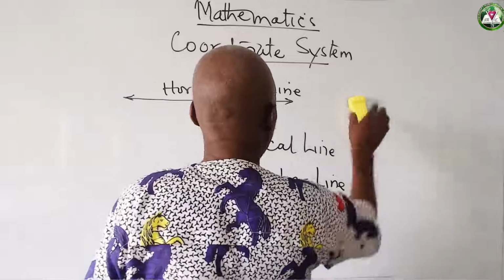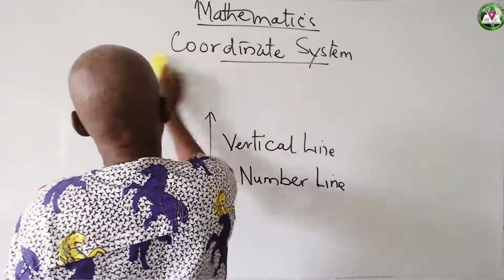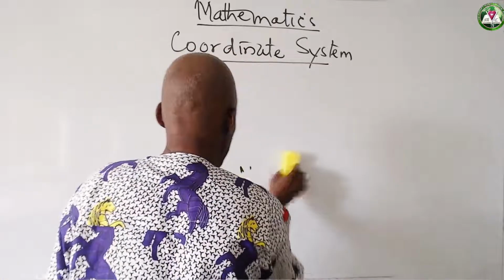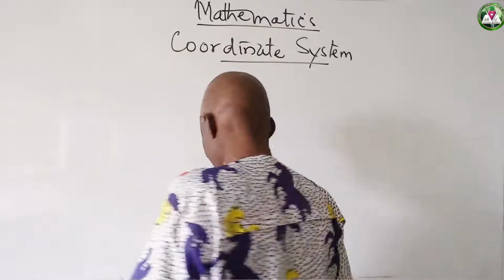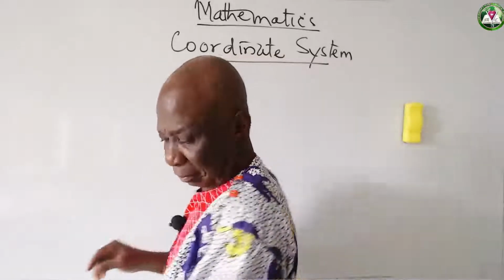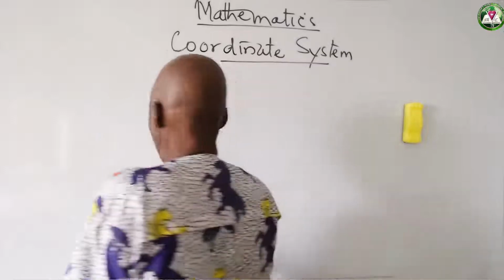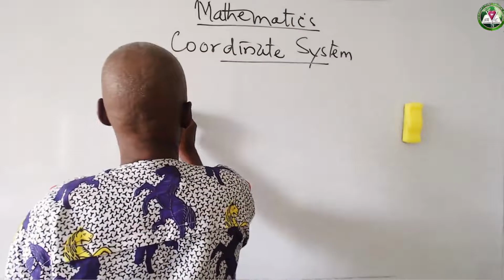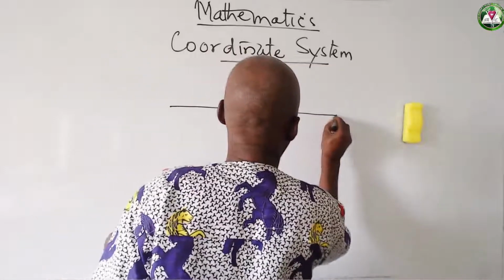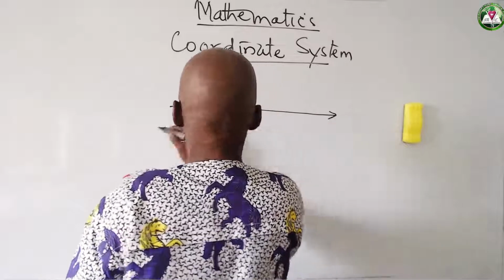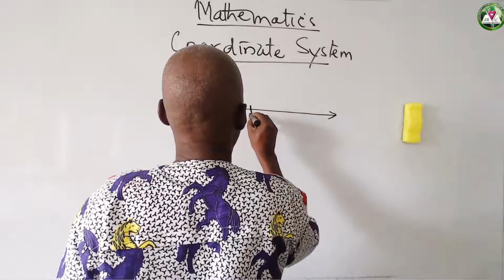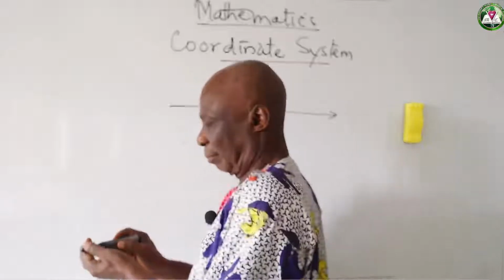So we are going to put up something like it on the board for us to see what we are talking about. Now, on that original horizontal line going left to right, we have a starting point there.